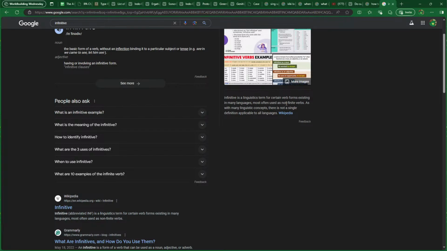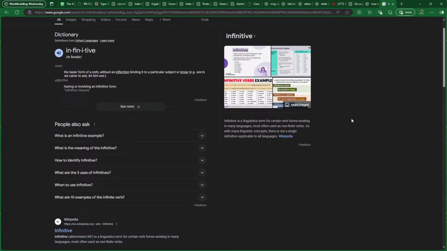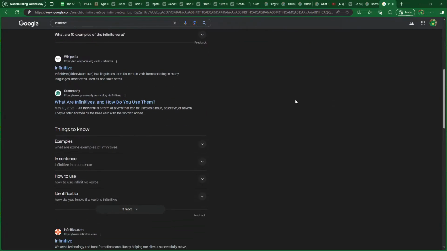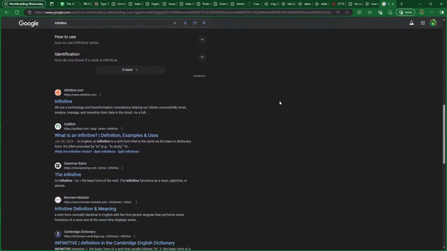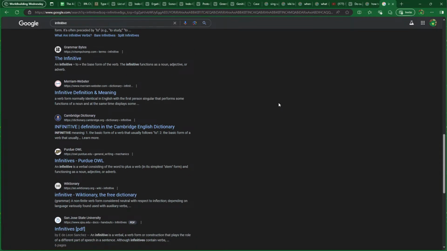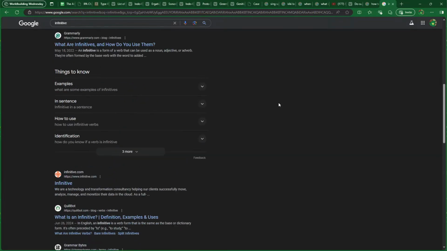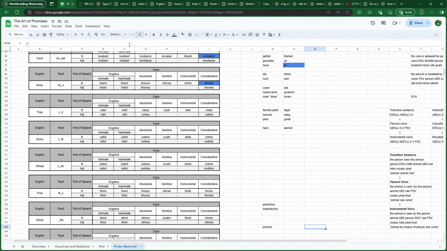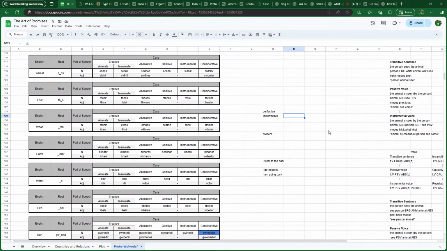Existing in many non-finite verbs as... Well, I know that it has two, right? So is it just like the bland form, I guess? Okay. Anyway.